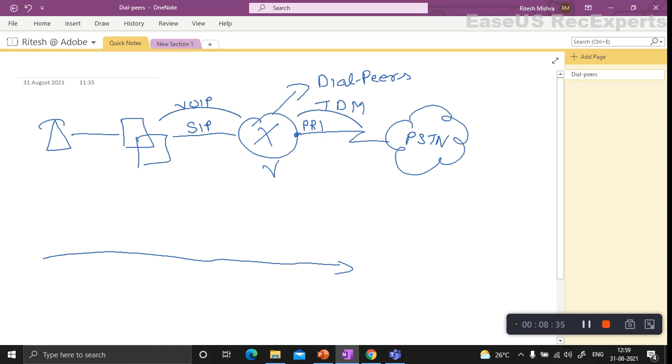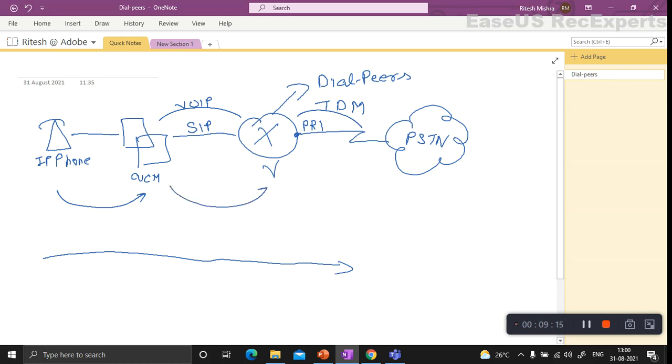Now, let's understand the call legs first, and then we will understand where the POTS and VoIP dial pair will be used, and in which direction which dial pair should be used when we have an outgoing or incoming call. So in the simple call flow, if this IP phone is trying to make an outgoing call, and this is your CM, then this IP phone will initiate a call to call manager.